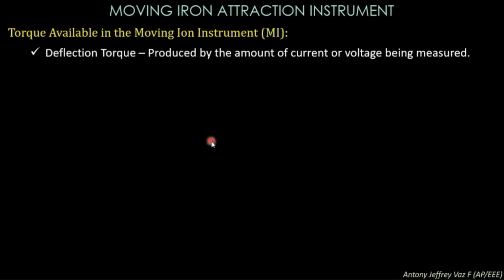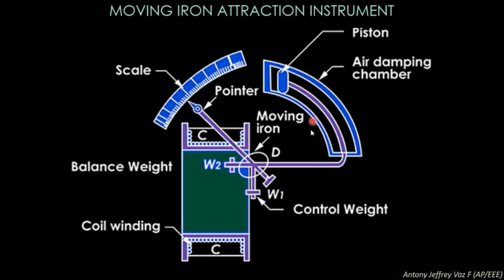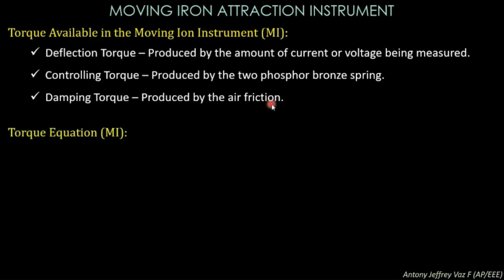Next, the controlling torque is produced by the Phosphor bronze springs. The springs, as well as the controlling weights, will produce the controlling torque. Next, the damping torque is produced by the air friction. There is an air friction chamber which gives you the damping torque.